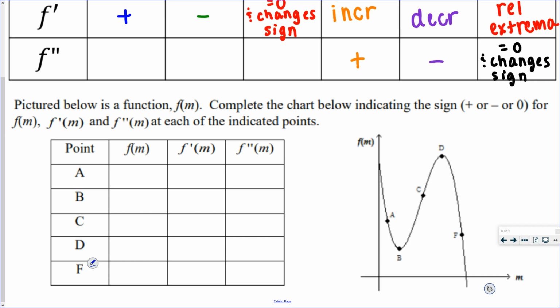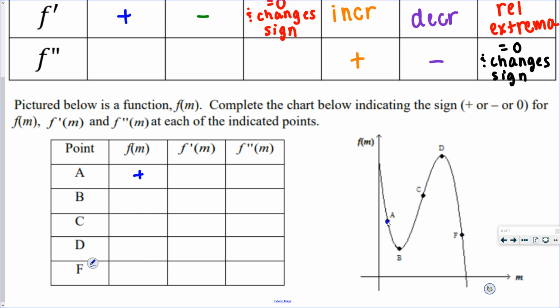Looking at just the function itself, if I start here at point A, that value is lying above my x-axis. These are all in the first quadrant, so all the x and y coordinates are going to be positive. For all of those points, we can fill this in right away.